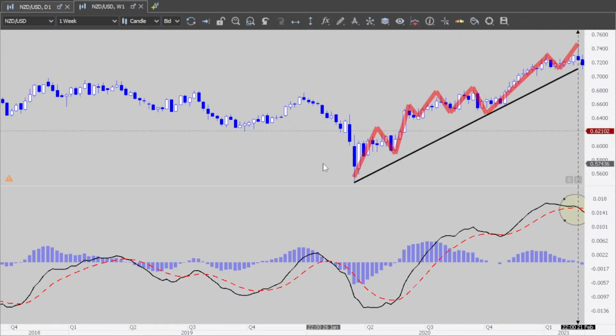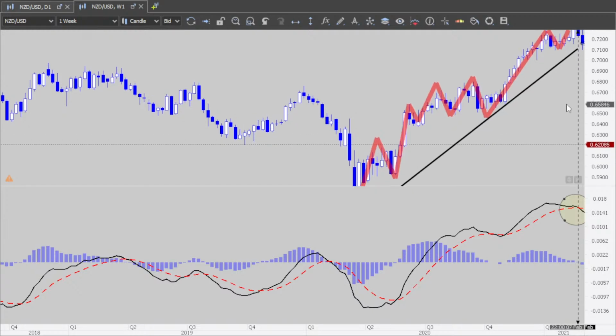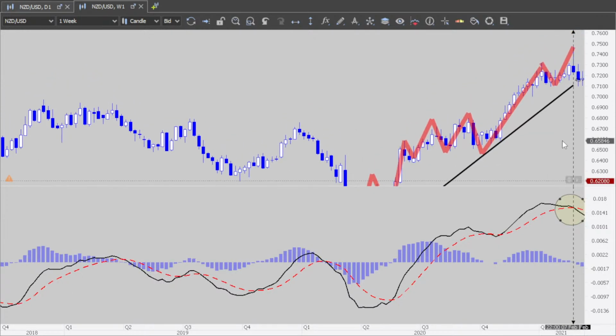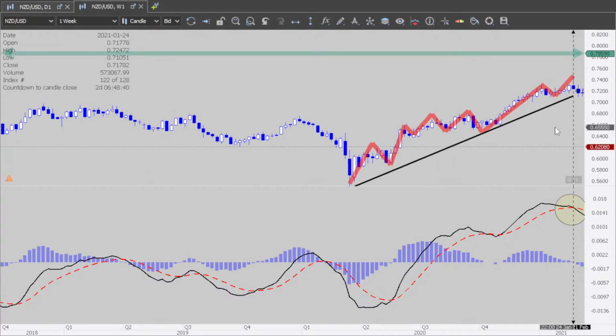Do we agree, everybody, that the market was in an uptrend and that the MACD crossed? Type in the chat, yes I agree, or no I don't agree. Yes, okay, so we were in an uptrend, MACD crossed, and what happened then?